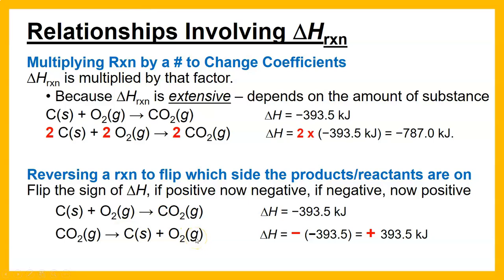So when you reverse a reaction, you flip the sign. If it was negative, now it's positive. If it's positive, then it would be negative because you're going in the opposite direction. So these are 2 tricks that will allow us to manipulate our baby steps with known enthalpies to combine them into the reaction we actually care about with an unknown enthalpy.